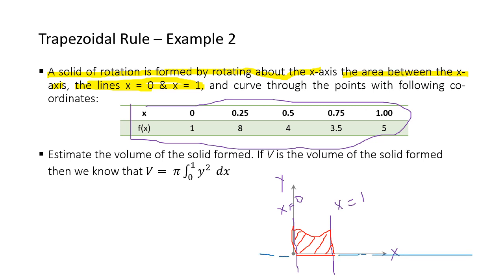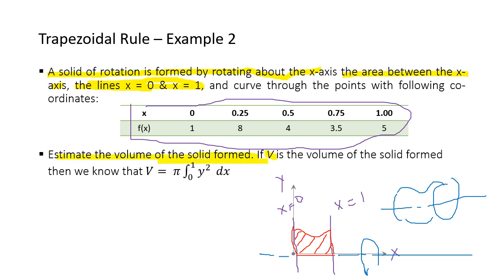We take that area and rotate it around the x-axis, and when that area rotates around the x-axis, we get a solid. We may get a solid of that shape. I cannot really draw it here, but we get a solid of revolution. Using the trapezoidal rule, using numerical integration, we want to estimate the volume of the solid formed.